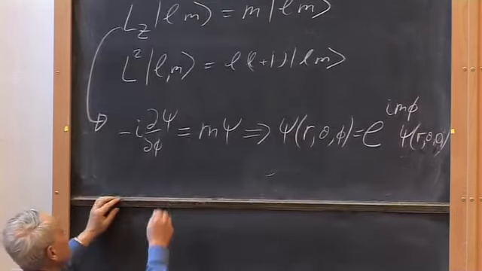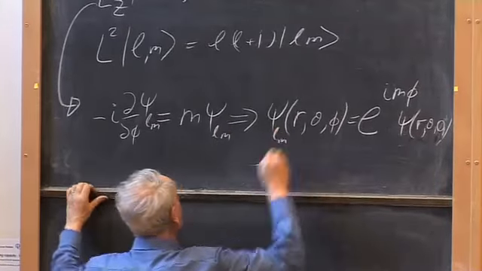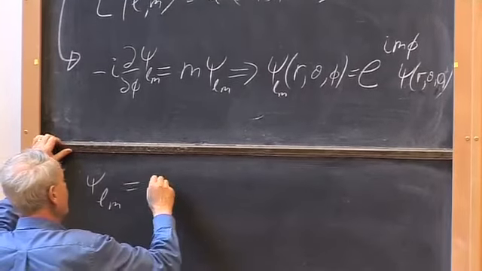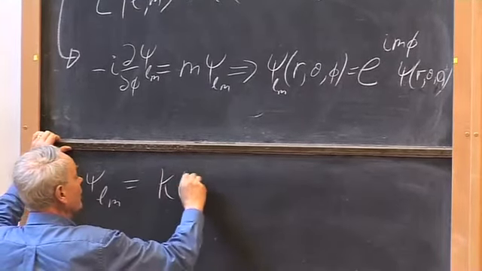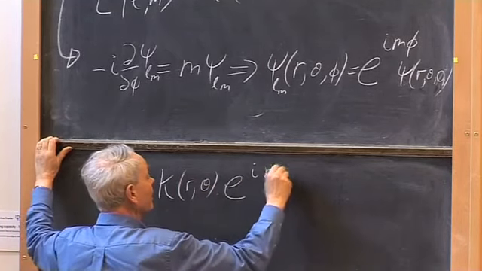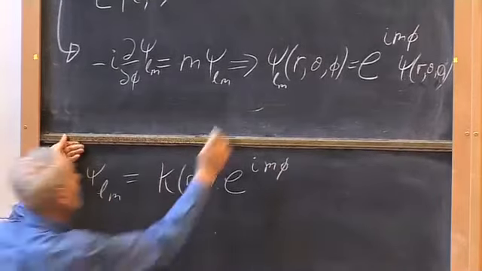So what we know is that psi Lm is equal to some function of r and theta times e to the i m phi. I guess we kind of already knew that.